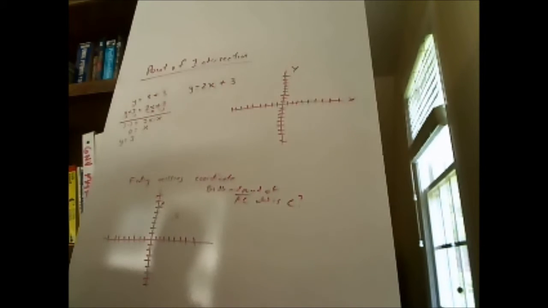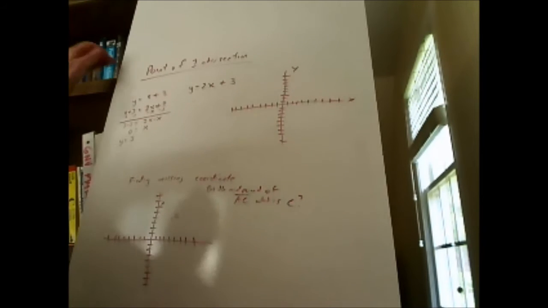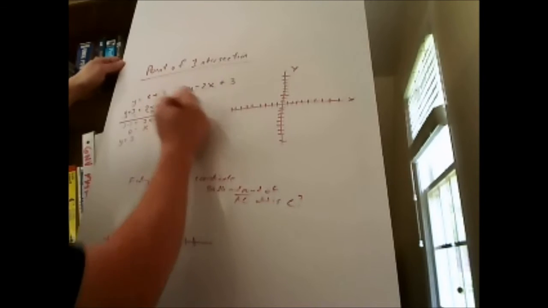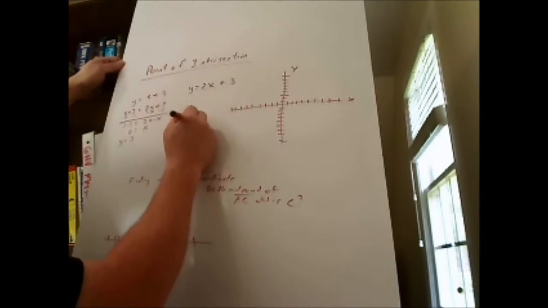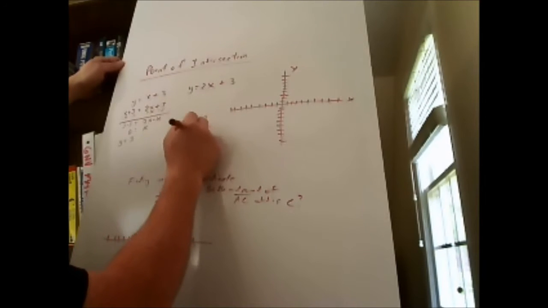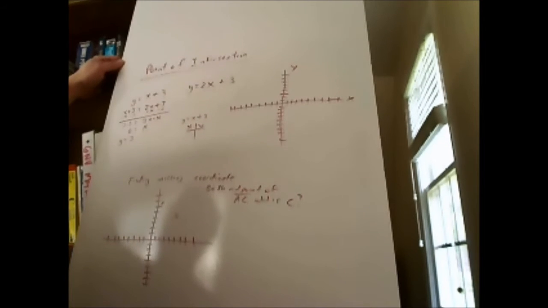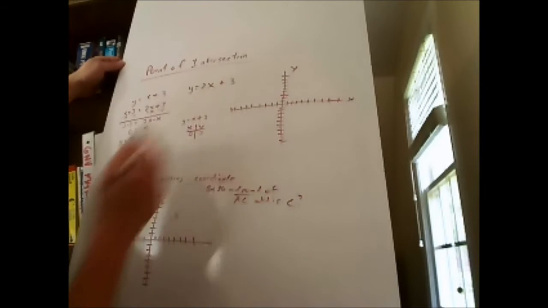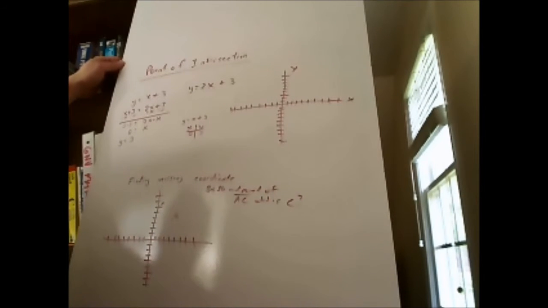Well, let's draw these two lines. Another way of drawing the lines would be to find 2 points for y equals x plus 3. If x is 0, y is 3, which we did already.